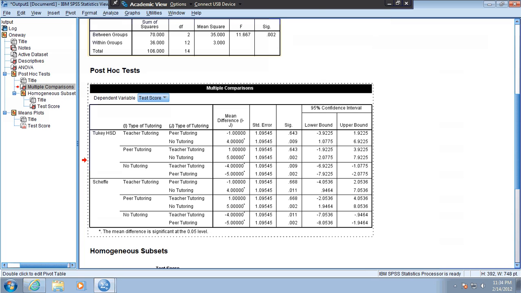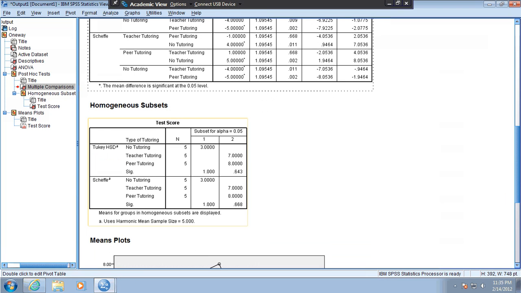You will notice that this SPSS output does repeat the information, as we've seen other times with the package. So there's no need to then again compare the peer tutoring to the no tutoring, or the peer tutoring to the teacher tutoring, since we saw that above. You can see the same p-value, the result is not statistically significant.